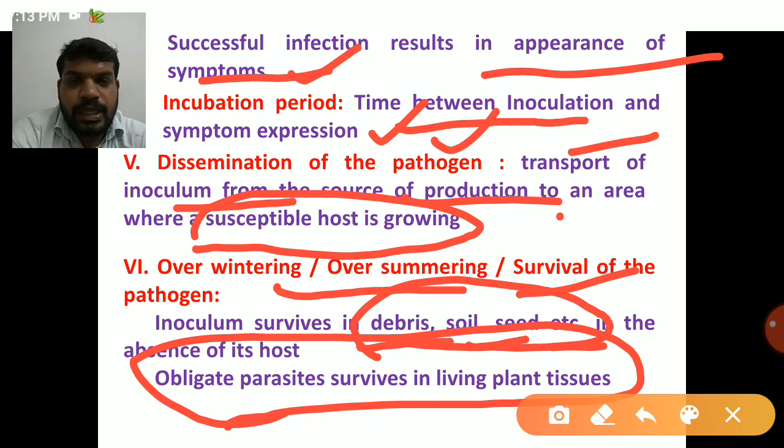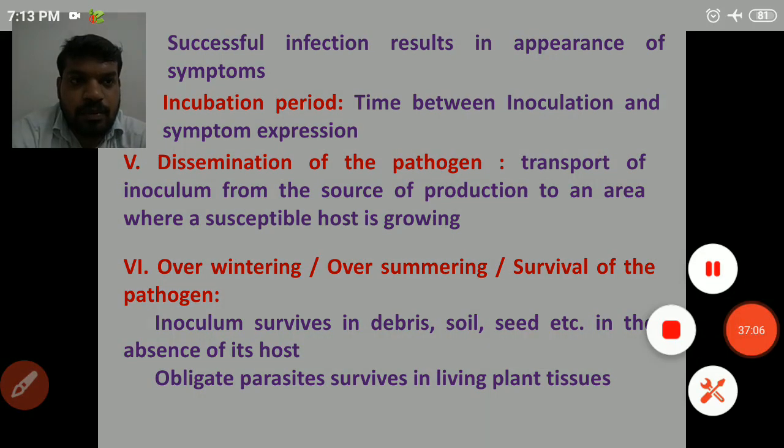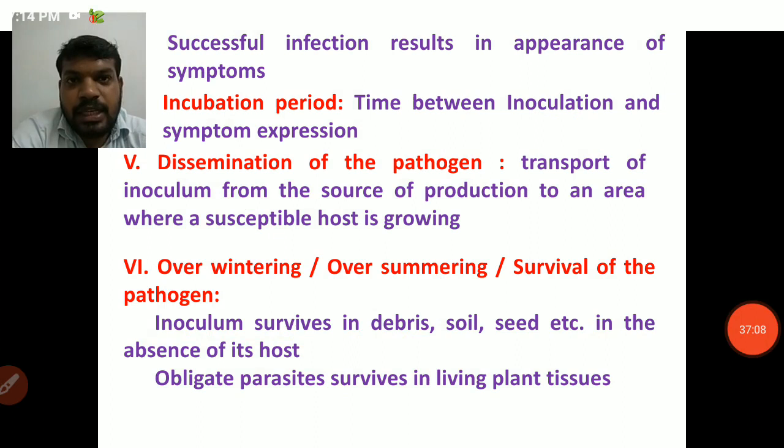At the time of overwintering, pathogens have hard structures to tolerate the unfavorable conditions. So this is about pathogenesis.